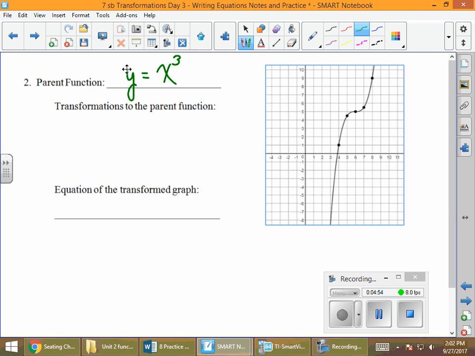So the one thing that I look at in terms of this, again, the parent function, I don't know if it's helpful to graph it on your paper or not. I'm going to try this once again. It doesn't jumble up the picture as much as that last one did. But here's our parent function.